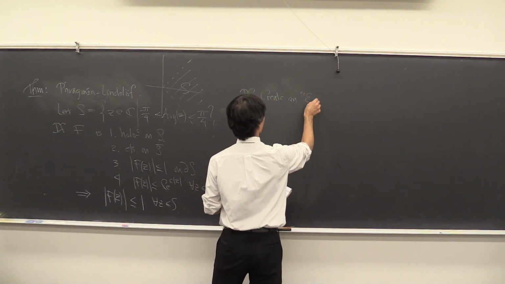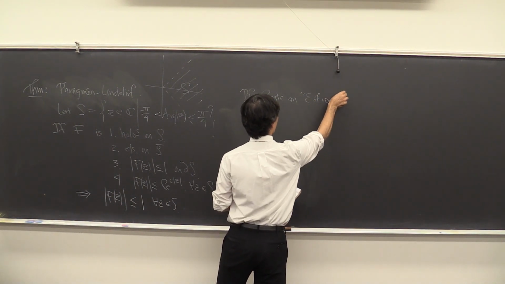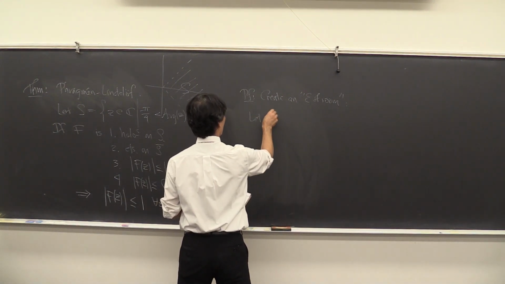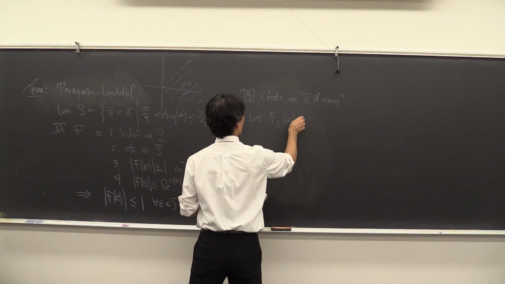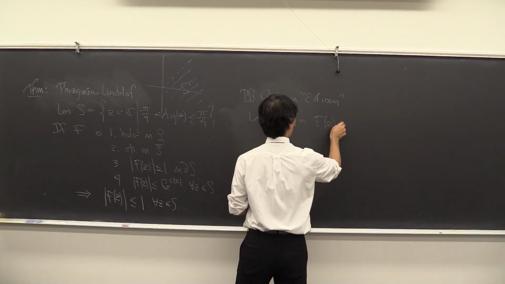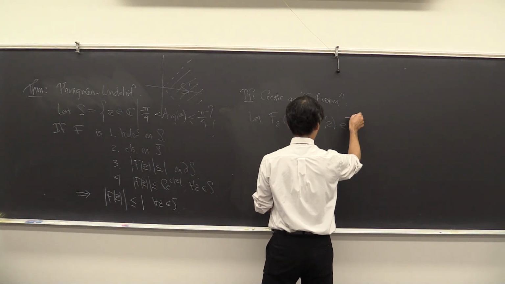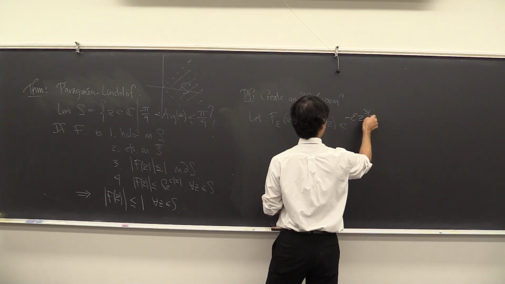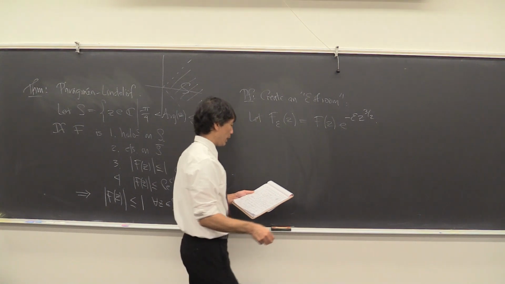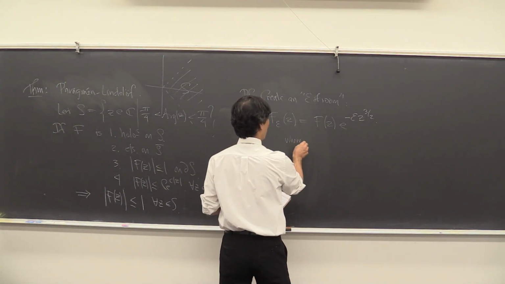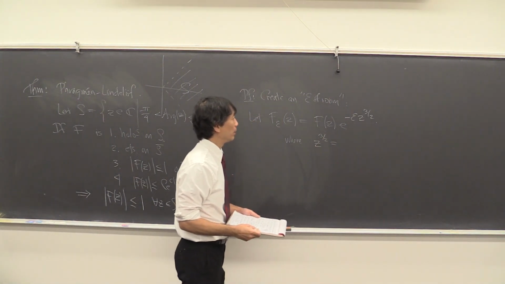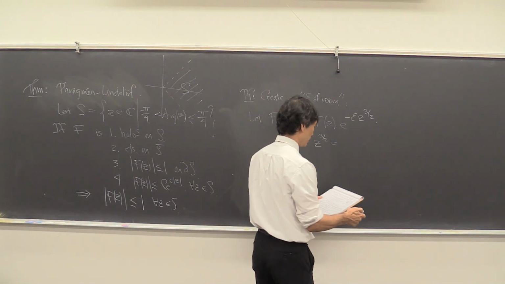We create slightly perturbed functions by multiplying our function by e to the negative epsilon z to the 3/2, where we use the principal branch of the log.